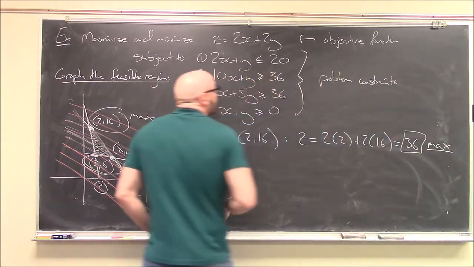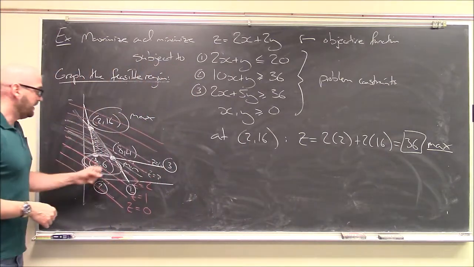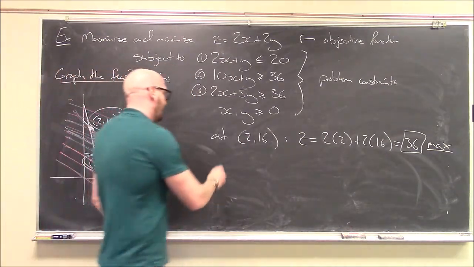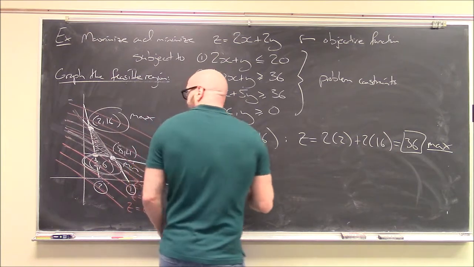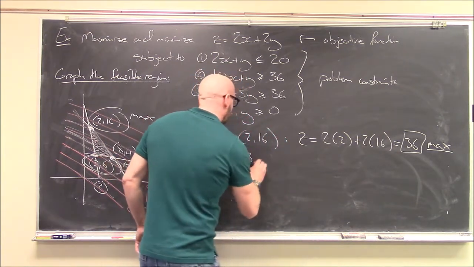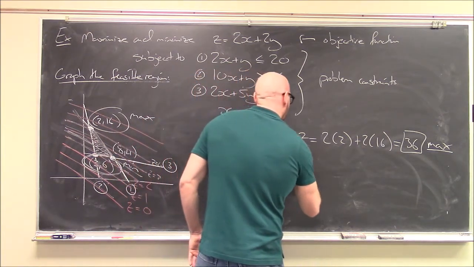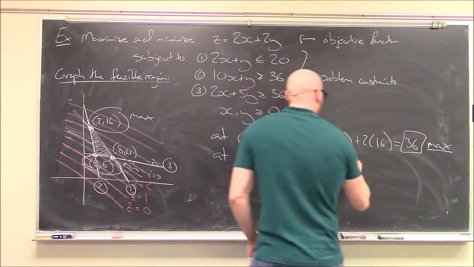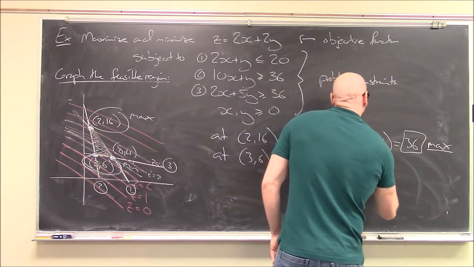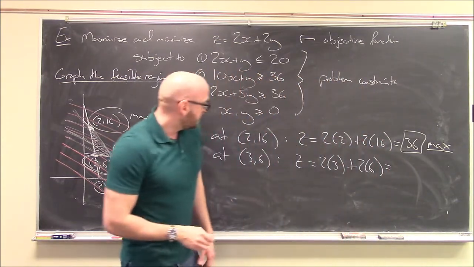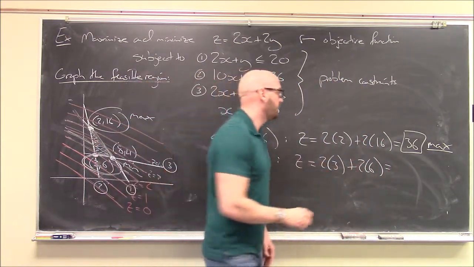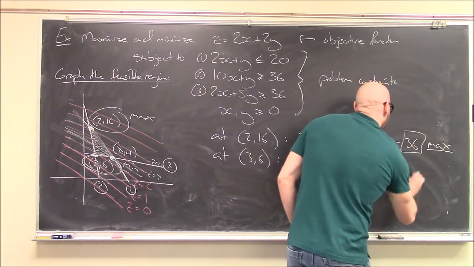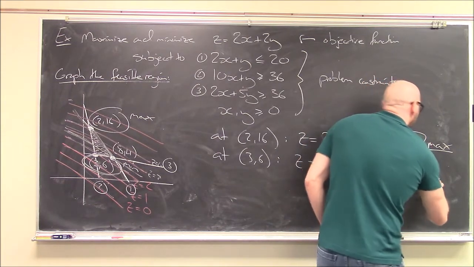That is the maximum value of this function in this feasible set. And at the other corner point we observed, (3, 6), we have z is 2 times 3 plus 2 times 6, which is 6 plus 12 is 18. And there's the minimum.